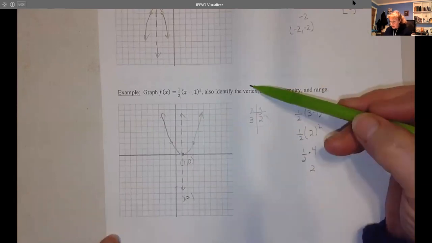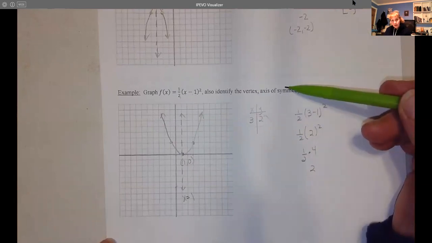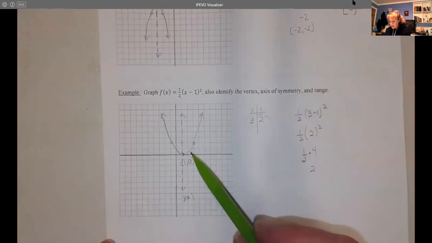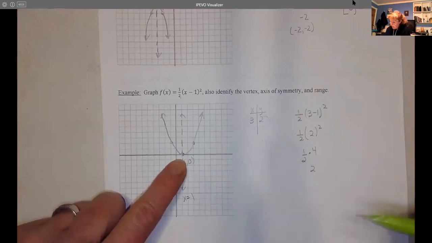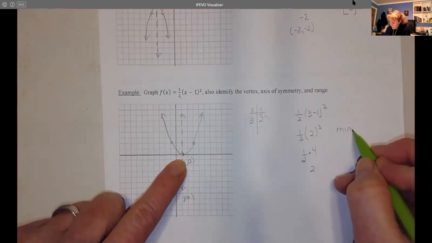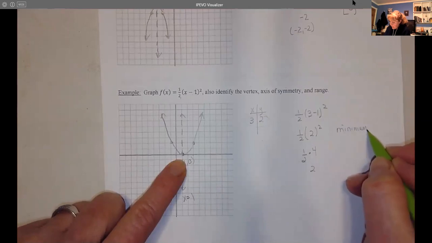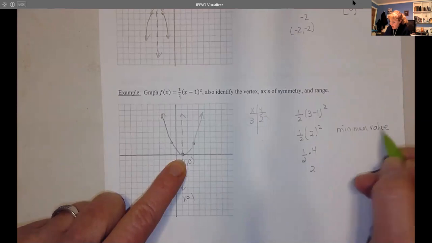Now let's go through everything. We've got the vertex. We have the axis of symmetry. I know that this is a minimum. The minimum value is 0. When they ask for the value, they want the y coordinate.